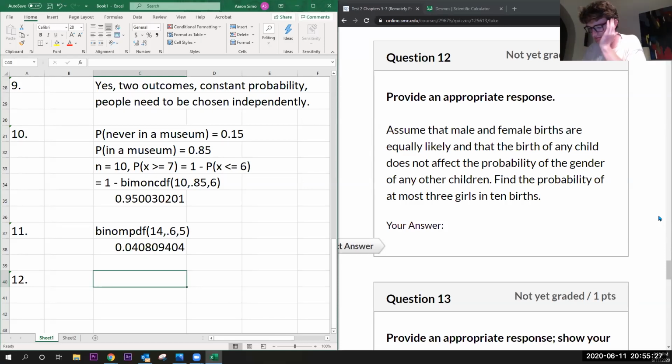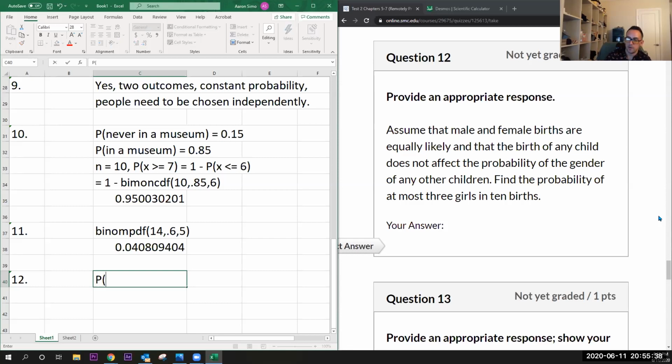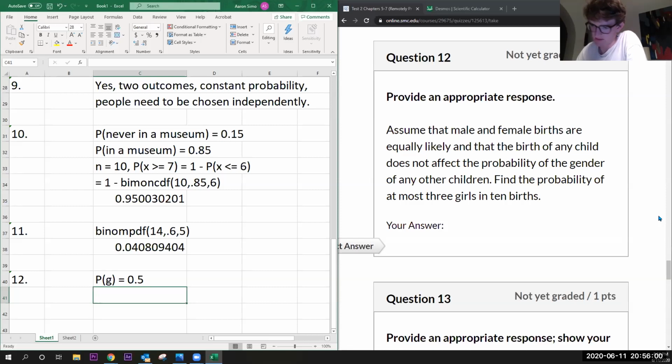So I guess it would be binomial CDF because it says at most again. I think so, yeah. Then the probability of a girl, G, equals 0.5, right? Does it give us the probability? No, then it's 0.5, either a boy or girl, and in 10 births, so 3.